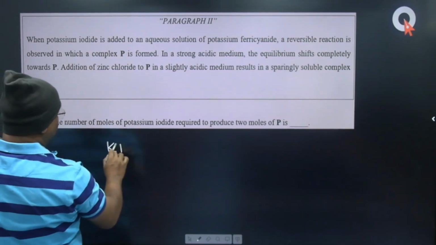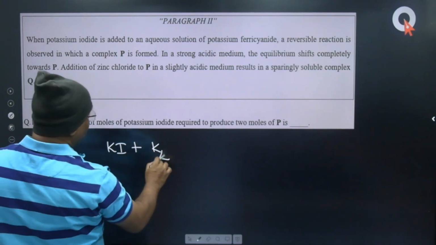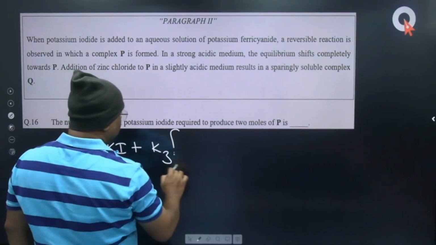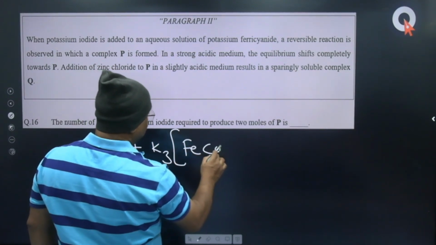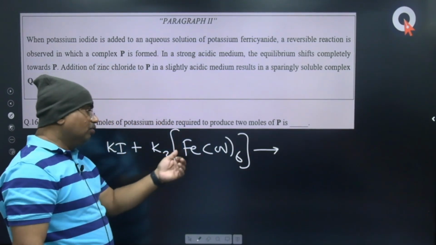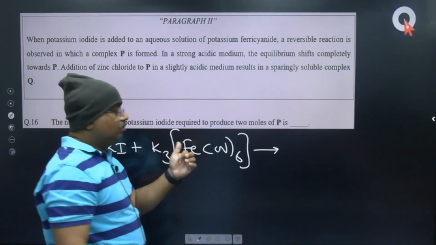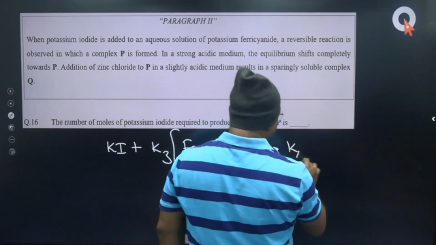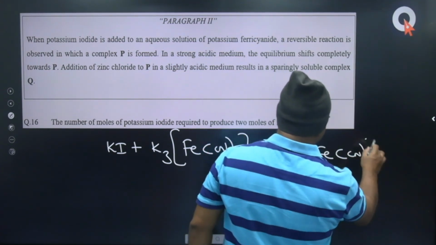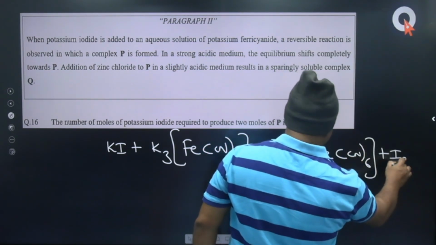KI reaction with K3FeCN6. So anyhow, iodide is a reducing agent. It reduces ferri into ferro. So you will get K4FeCN6 plus I2.